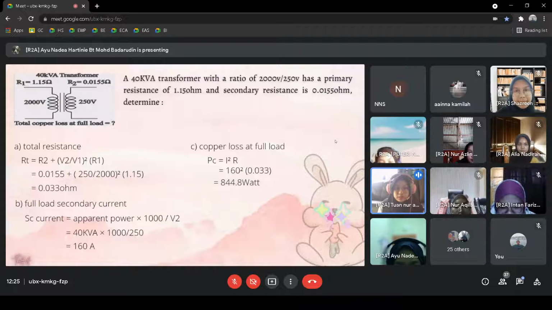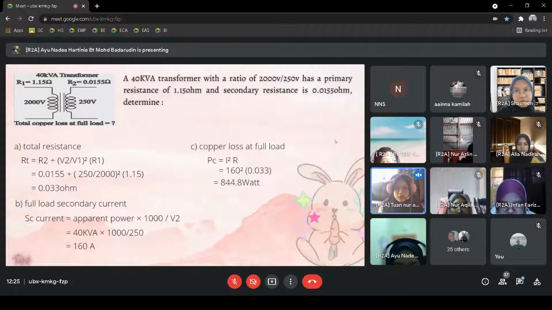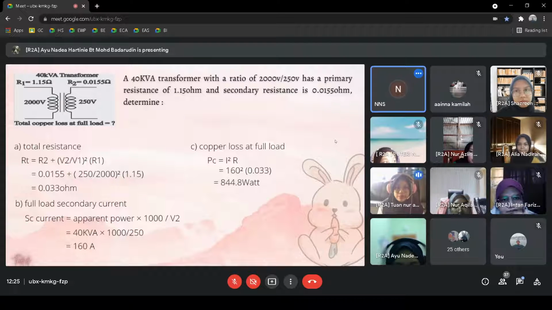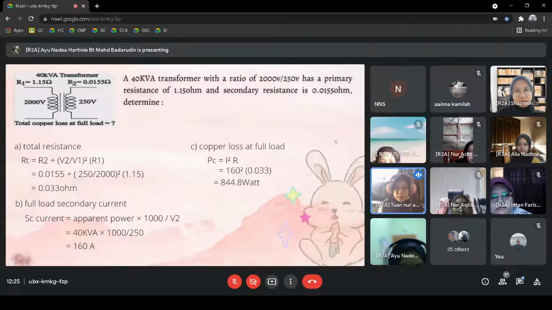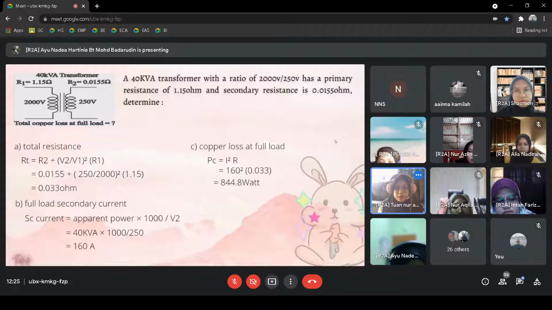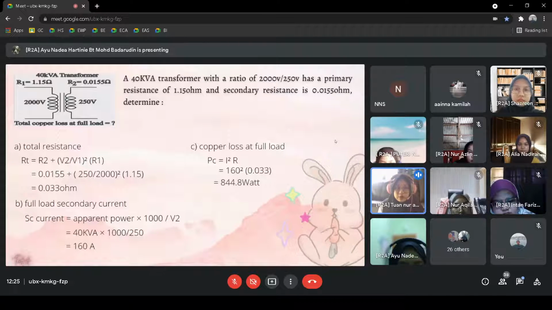This is an example of a copper loss question: a 40 kilovolt-ampere transformer with a ratio of 2000 volts to 250 volts has a primary resistance of 1.15 ohm and a secondary resistance of 0.0155 ohm. Determine, first, the total resistance.